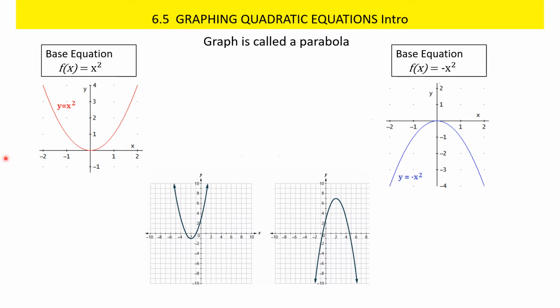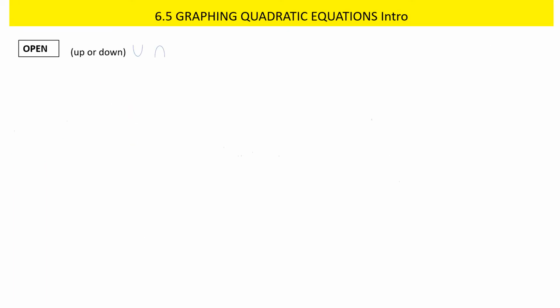So here, let's go and get started. Before you start shifting your base parabola, you have to know which one you're going to use. Are you going to use the one that opens up, or are you going to use the one that opens down? The answer is quite simple.